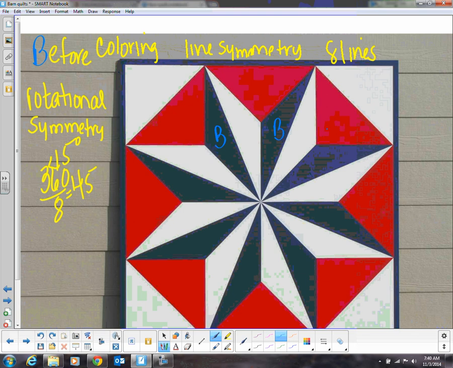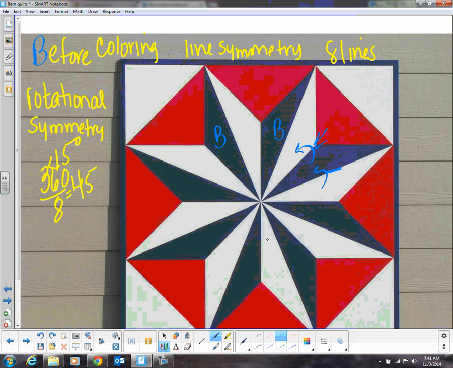Is there reflectional symmetry here anymore? Blue would fall on what? White. Is there reflectional symmetry anymore? No. Here is a reflectional symmetry. White falls on blue. So by this coloring, what do we know? That there is no line symmetry anymore.